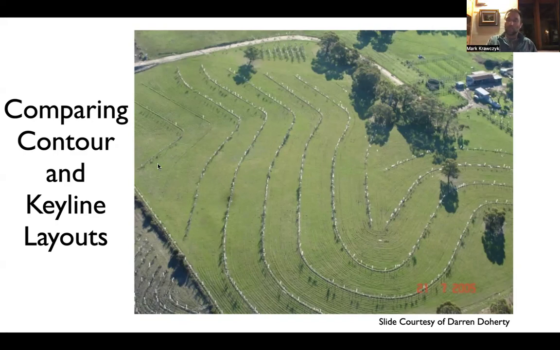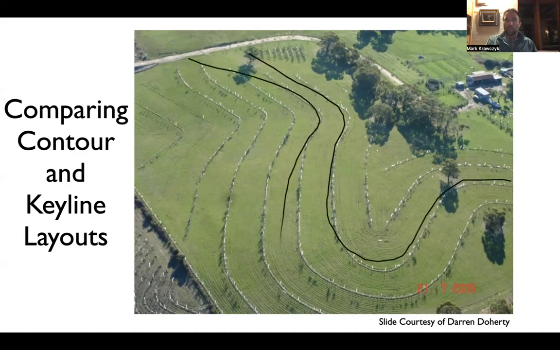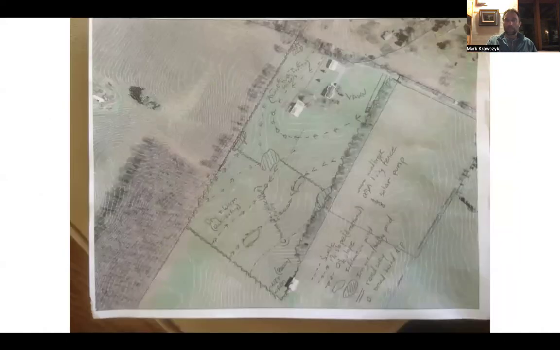So that's a brief compare and contrast of what contour and keyline layouts would offer.